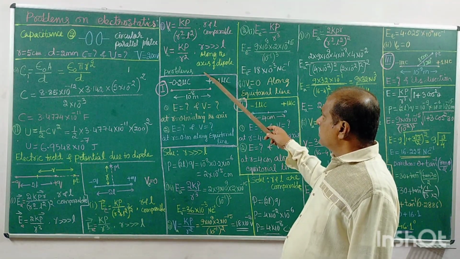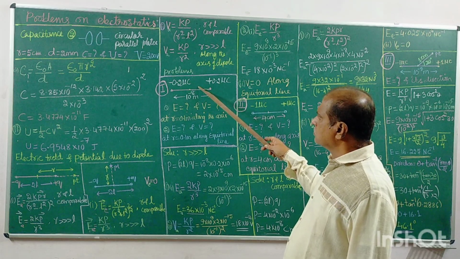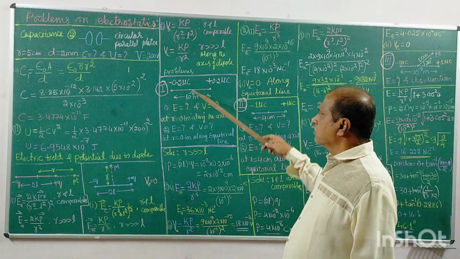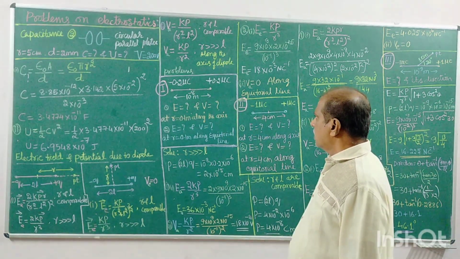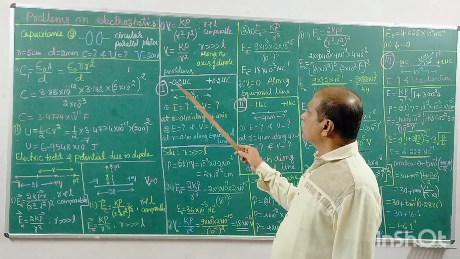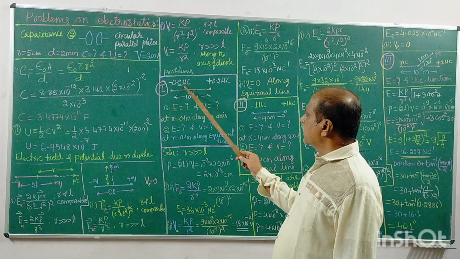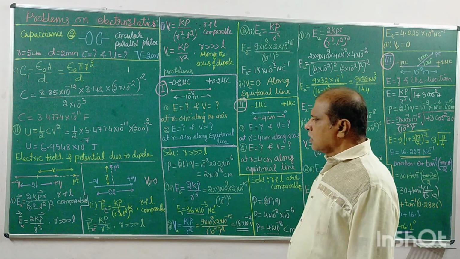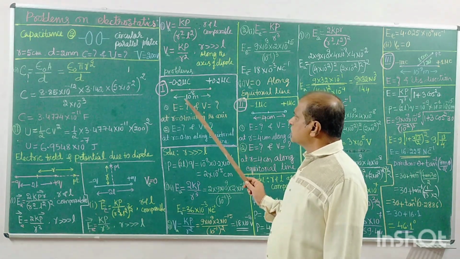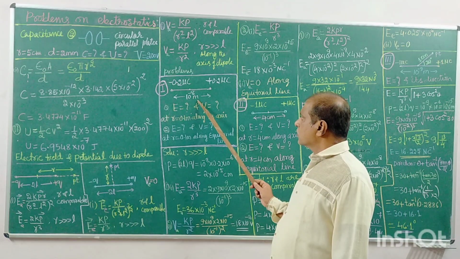Let me take up the problems one by one. This figure is drawn on the basis of the data given in the problem. The problem is not written, so I'll read it. This is a dipole. The charges are 0.2 microcoulomb, this is minus, this is plus. The distance of separation between the two charges is 10 to the power of minus 8 meter in SI.